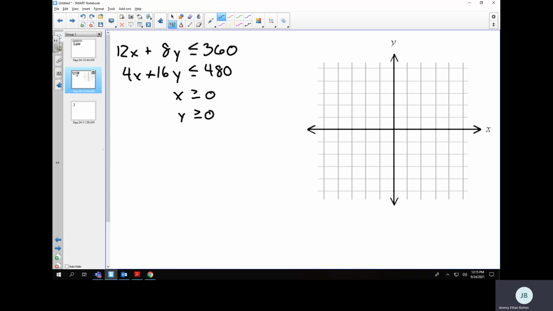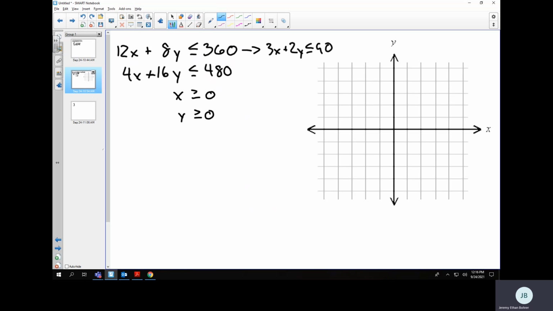Well, let's solve these. Let's make these inequalities a little simpler to work with. This is the same as dividing everything by 4. That'll help us a bit. That'd be 3x plus 2y is less than or equal to 90.